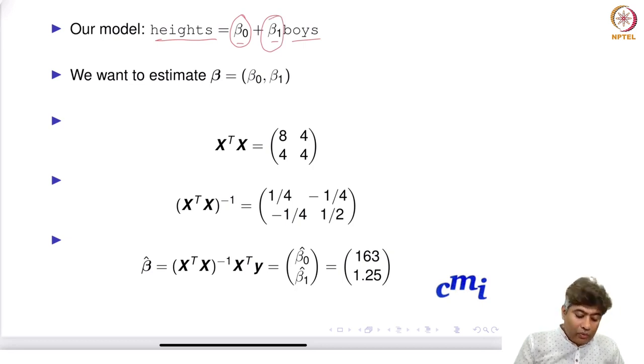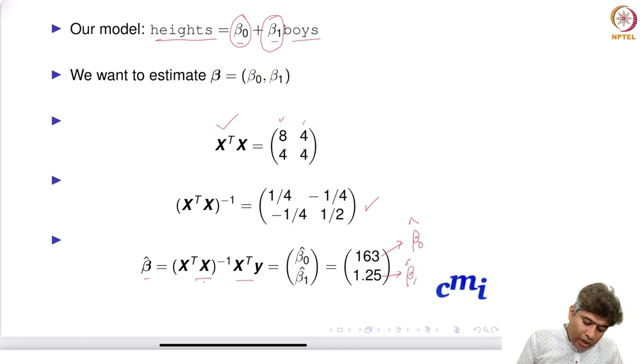We first compute X transpose X, which gives 8, 4, 4 and 4. Then (X transpose X) inverse is this. And then beta hat is (X transpose X) inverse X transpose y. We solve this, and this is our beta naught hat, and this is our beta 1 hat.